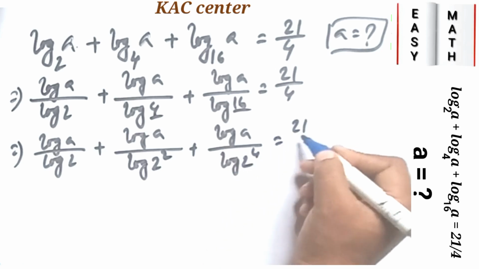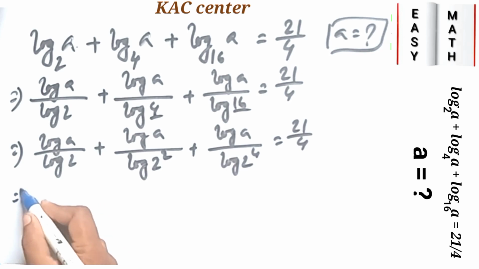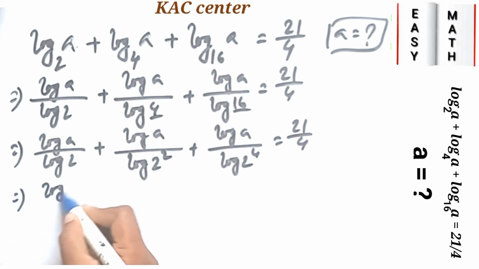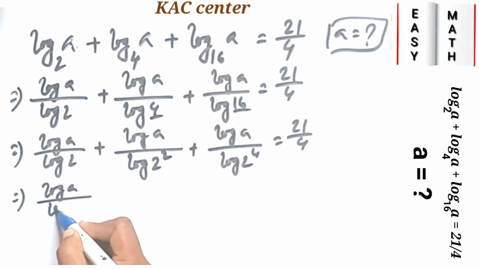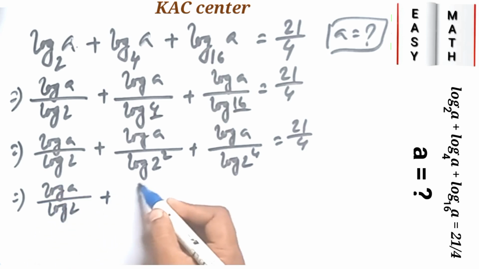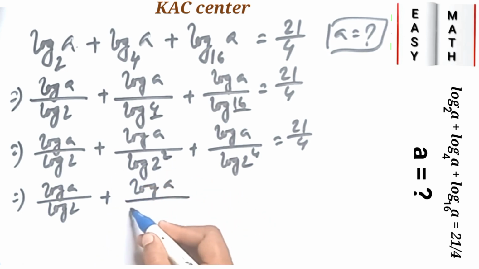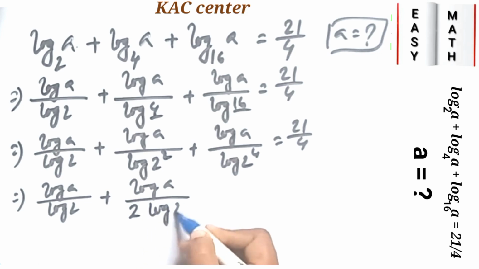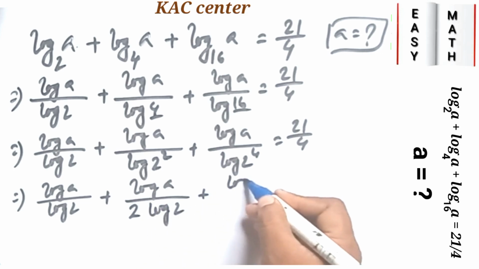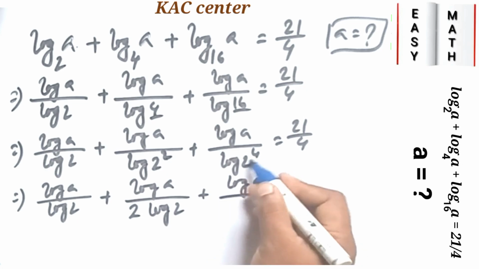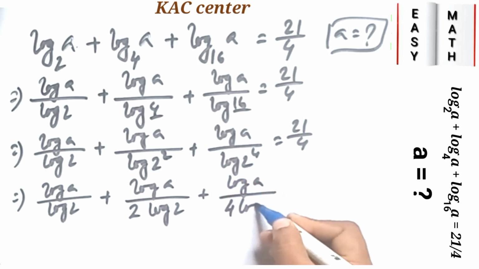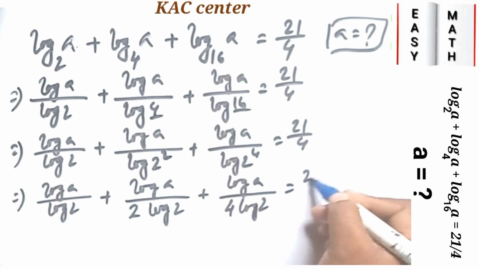Now this is log a over log 2, this is log a over 2 log 2, and this is log a over 4 log 2.